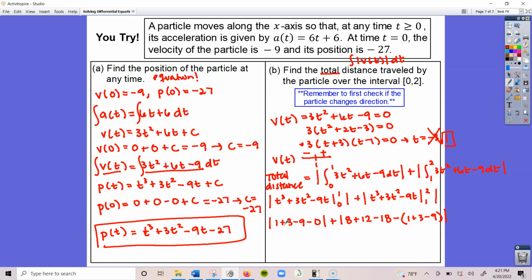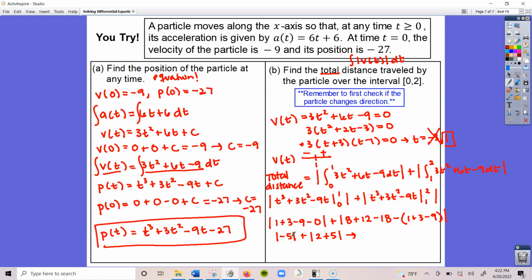Now we're going to work this out. 1 plus 3 is 4, minus 9, we get the absolute value of negative 5, plus 8 plus 12 is 20, minus 18 is 2, minus, and this we did, 1 plus 3 is 4, minus 9 is negative 5, so minus negative 5 becomes plus 5.